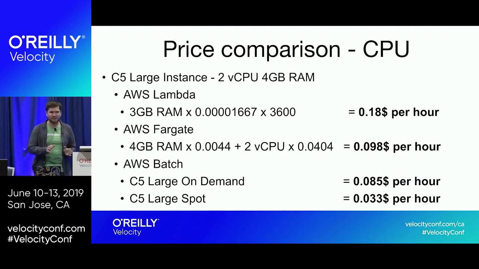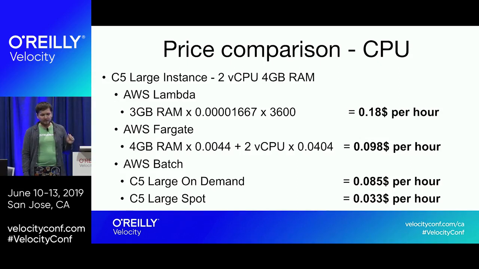Let's compare prices between all of them. Basically, you can see that Lambda is the most expensive one. But why do people use it if it's 2 or 3 times, or even, if we compare with Spot, 5 times more expensive? Because pricing is per 100 milliseconds. So for all small jobs, Lambda is perfect.